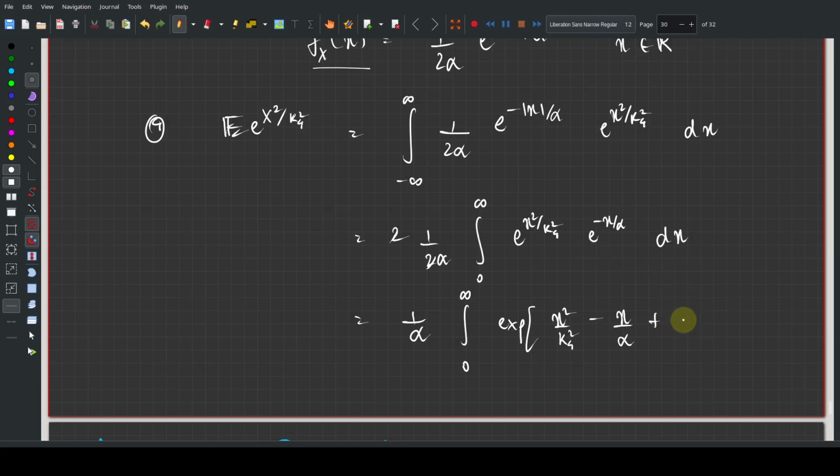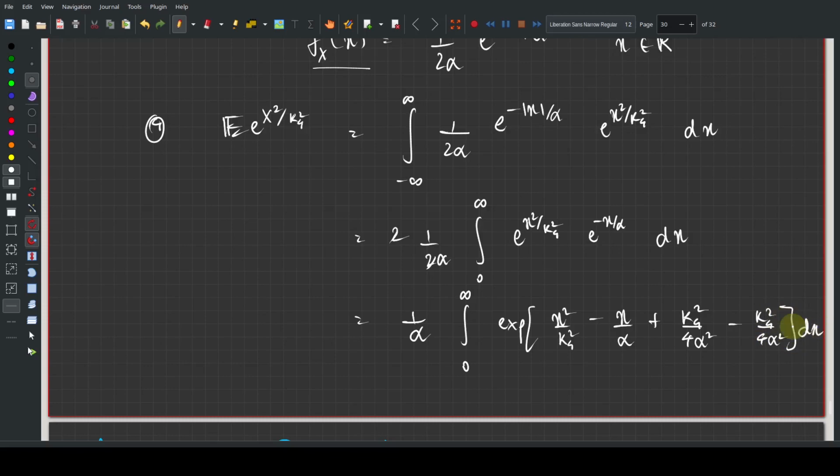Okay, so it is k4 square by 4 alpha square. Let's just check. Plus k4 square over alpha square dx, right?